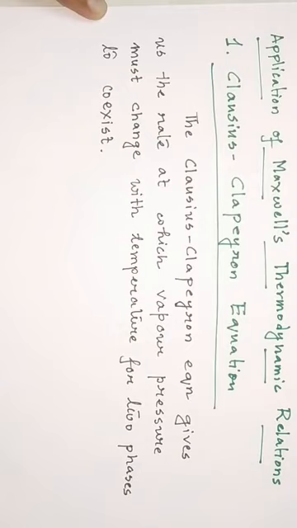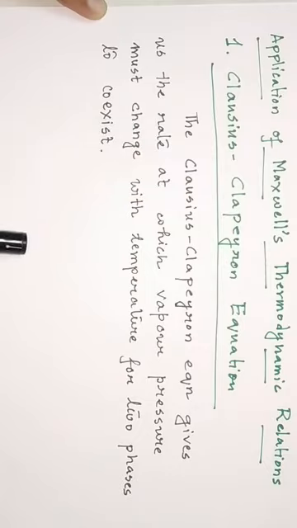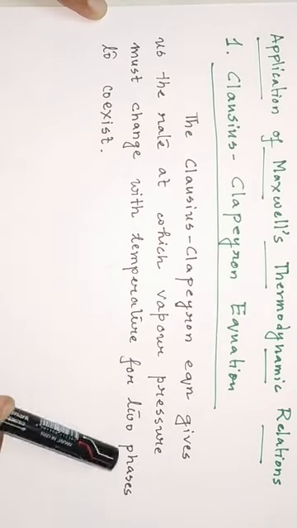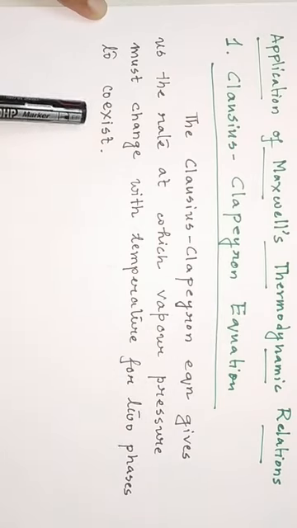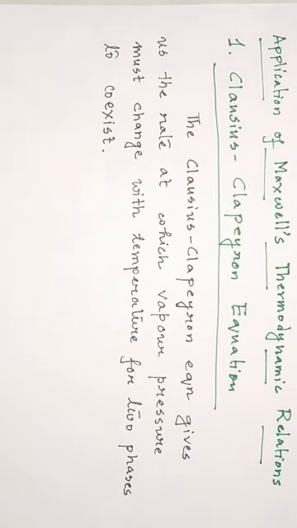That rate will be given by the Clausius-Clapeyron equation, which will tell us that the rate has to be in such a way that the liquid and the vapor will still be in equilibrium and they will coexist. So the required rate at which the vapor pressure must change with temperature so that the two phases can coexist will be given by this Clausius-Clapeyron equation.